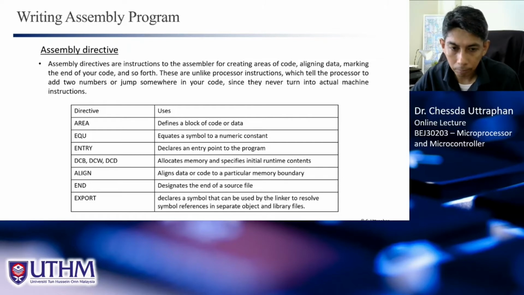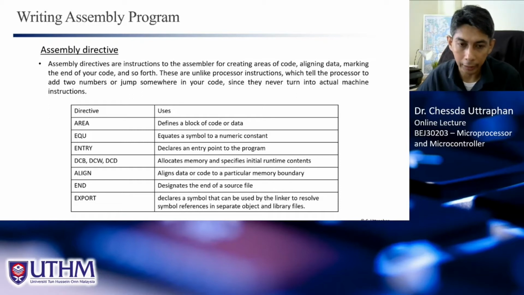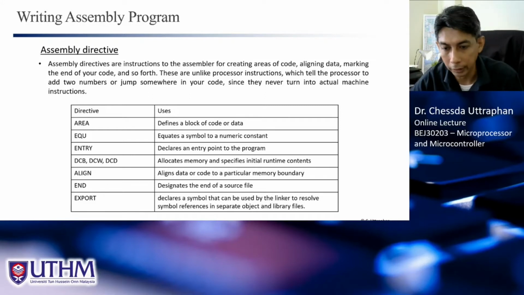But of course, writing a program in assembly language is quite difficult, quite hard, time consuming, because you need to understand the hardware architecture of the microprocessor, as compared to C programming, where you don't need to know the hardware architecture, because you are at the higher level of the hierarchy.